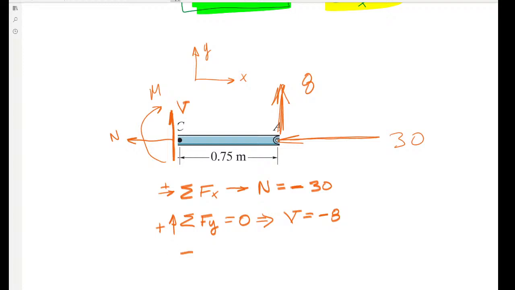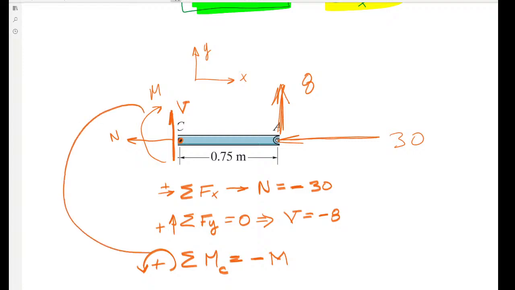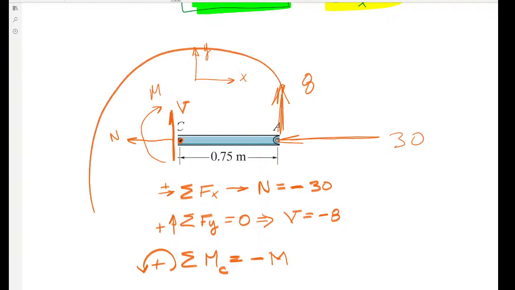Now, sum of the moments, and since I'm interested in point C, I take it about point C, and what I've got on that left end, because these two are going in opposite directions, and then I've got this one going this way, which is actually plus 8 times 0.75.